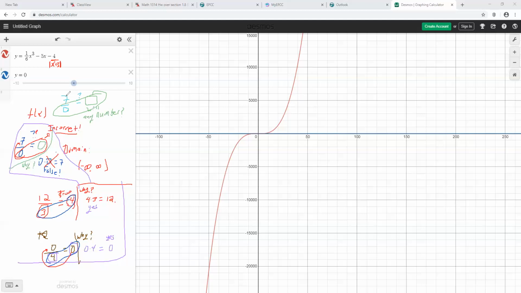So that means what? 7 divided by 0, does it equal any number at all? No. No such defined number. There is no defined number we can put there as the answer.